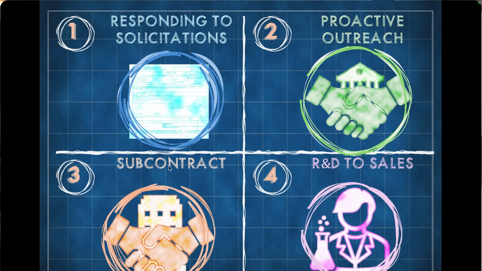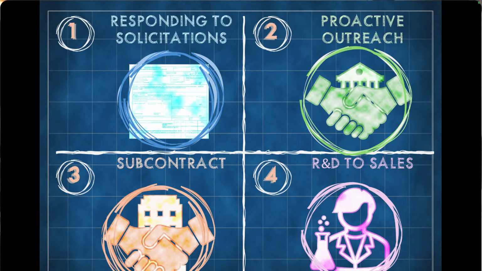Option number 3 is similar to that, but it's subcontracting. So it's the same basic idea of reaching out to people, building relationships, getting that outreach to people who are interested.